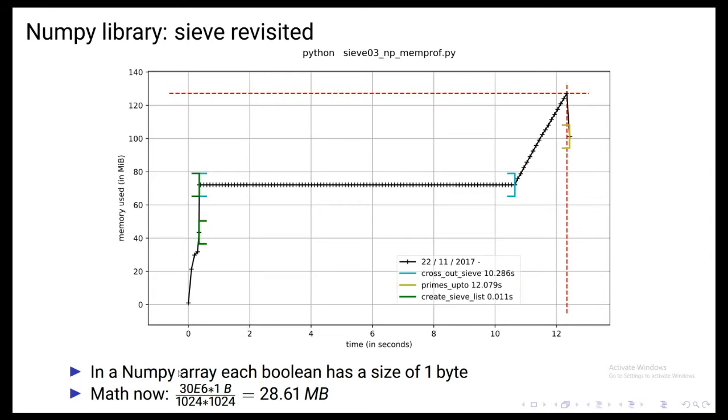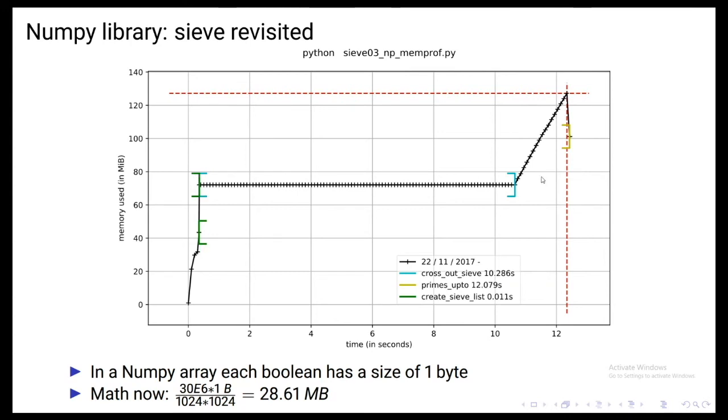Knowing that in a NumPy array each Boolean has a size of only a single byte, we can see that allocating those 30 million Booleans takes just 28 megabytes instead of 228. So it's not a big jump anymore.